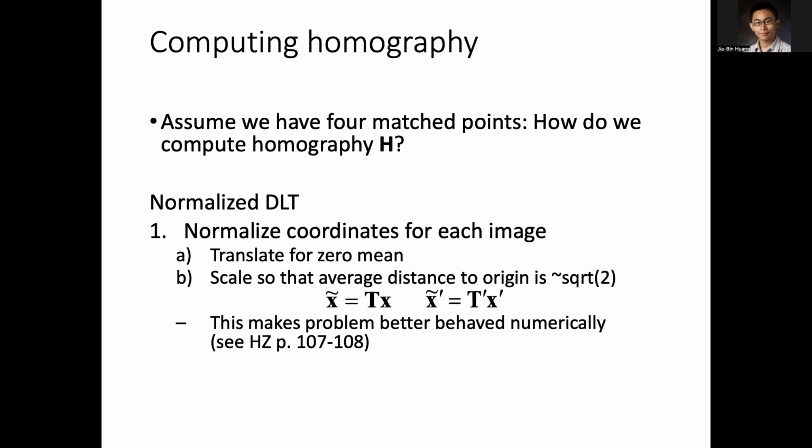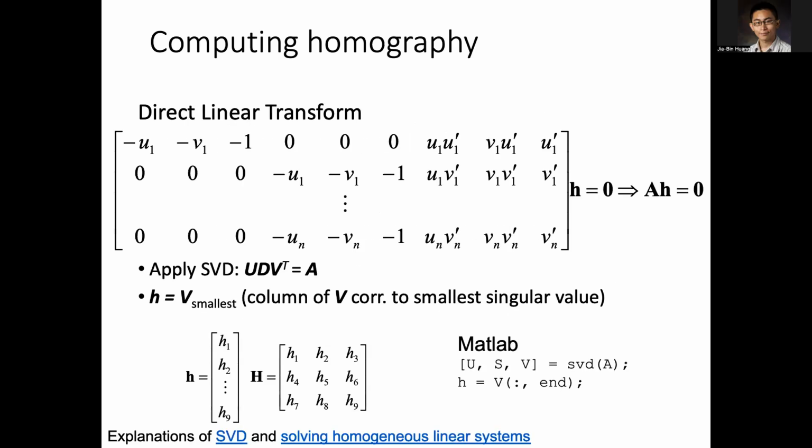All right. So one thing that people found is that if you look at this matrix A, you'll find that the entries in this matrix A have all these pixel coordinates, right?